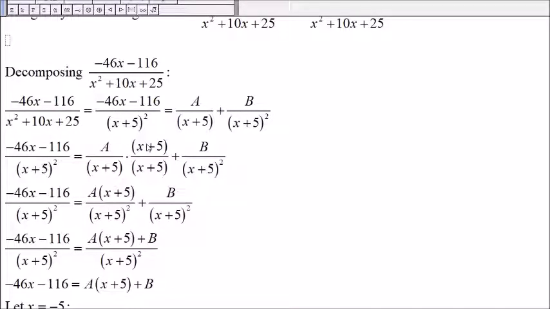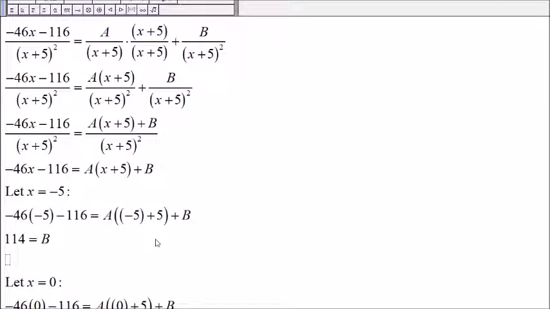And here we get a times x plus 5 and then plus b. And so now we have negative 46x minus 116 is equal to a times x plus 5 plus b.